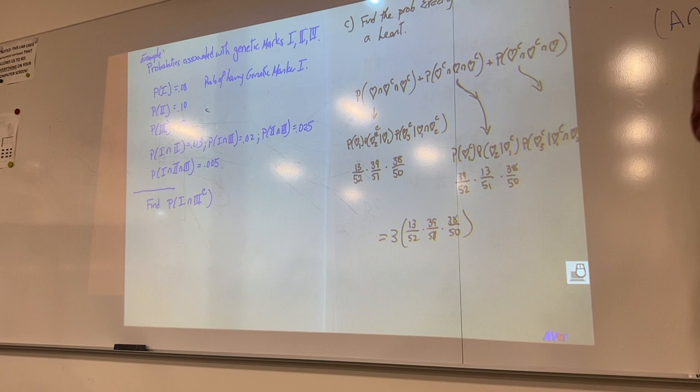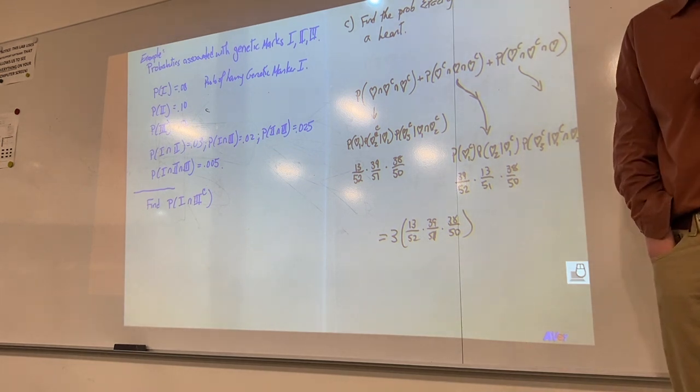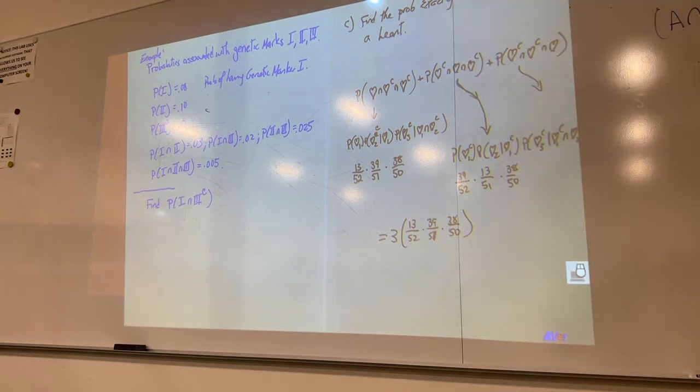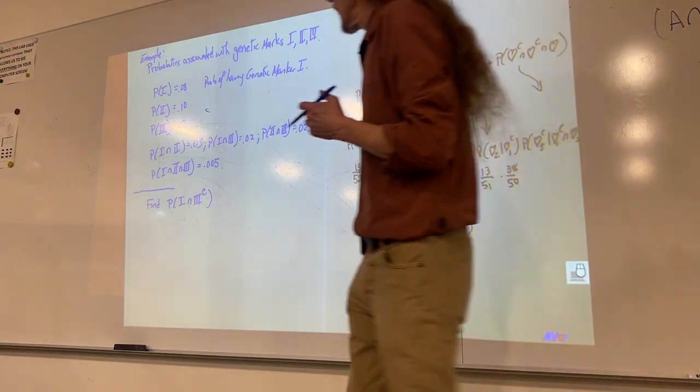The probability that you have marker 1 and you do not have marker 3. There you go. And so does anybody see how we could tease that out?